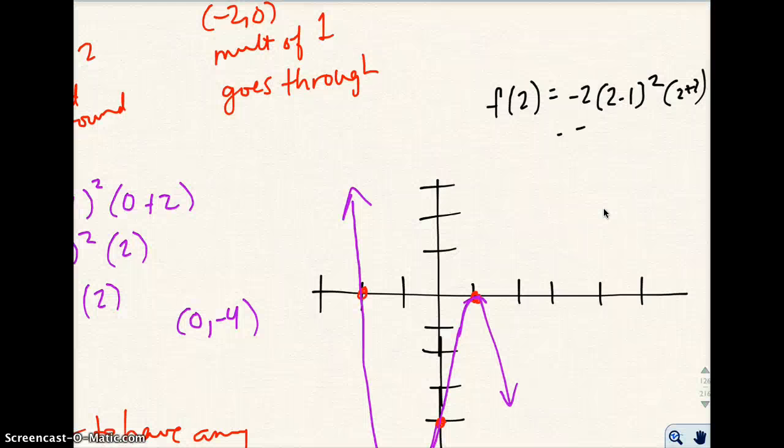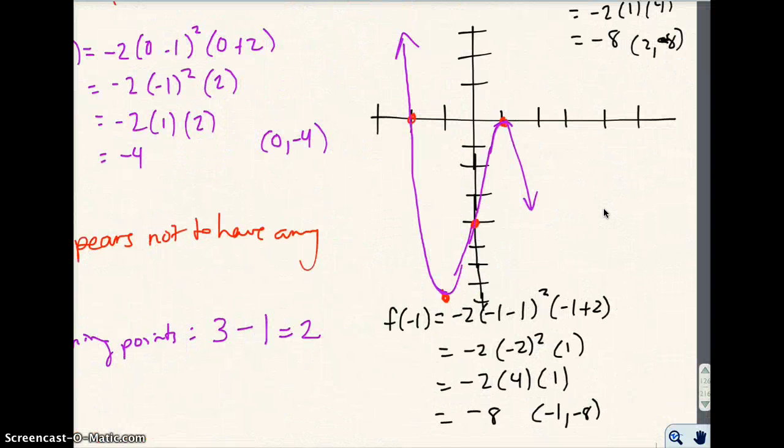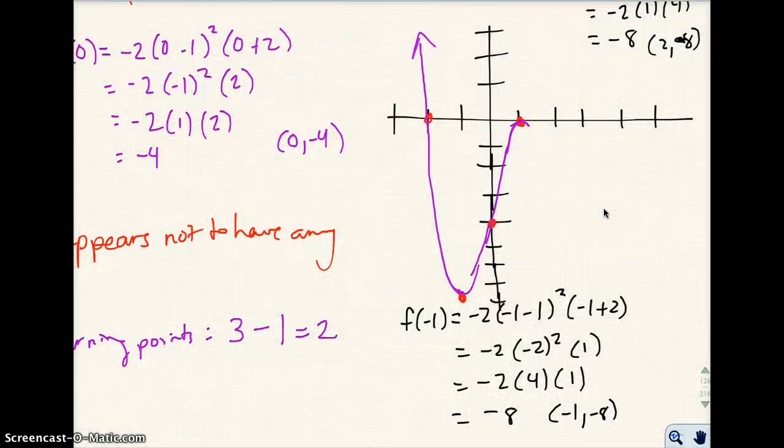So I get -2 times 1 squared times 4. I get -2 times 1 times 4, which is -8. So 2, -8. Good point. So if I wanted to make this a little bit more accurate, I would plot 2, -8, which would be right about here.